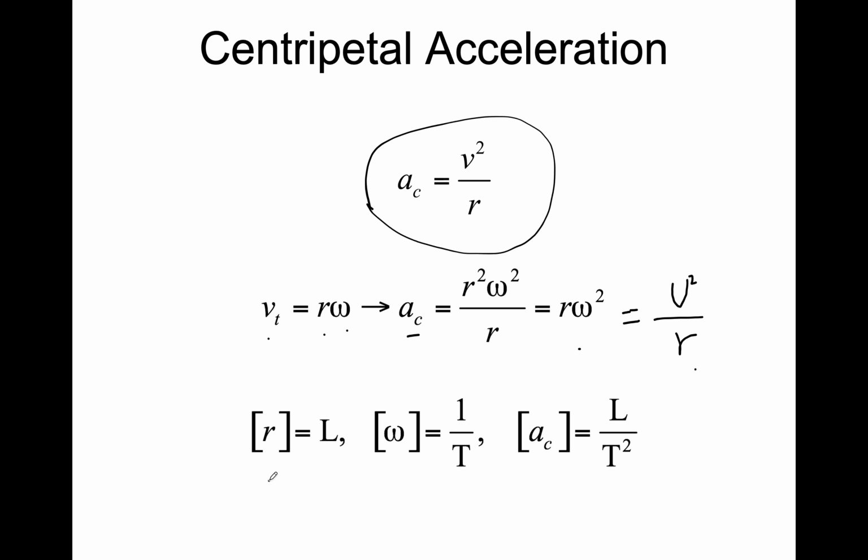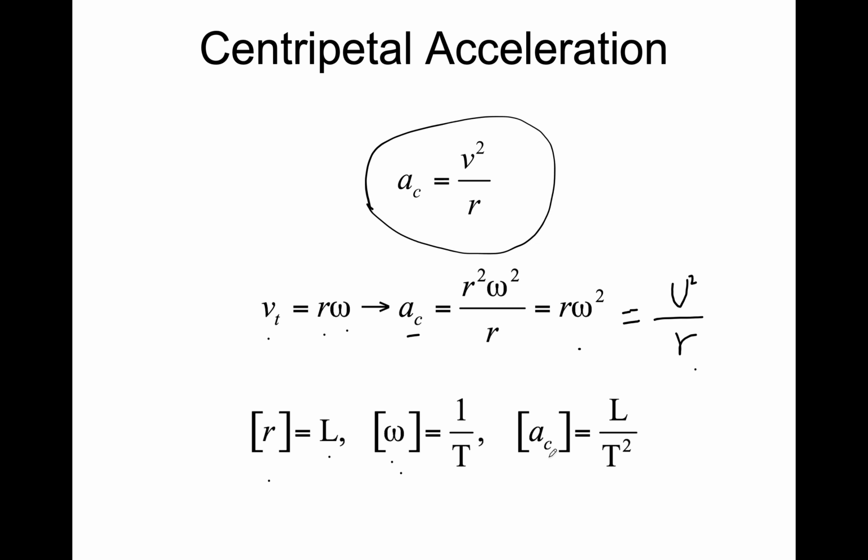The distance from the point to the rotation axis is a length, so its dimension is length. Angular speed's unit is radian per second. A radian has dimension 1, so the dimension of angular speed is 1 over t.